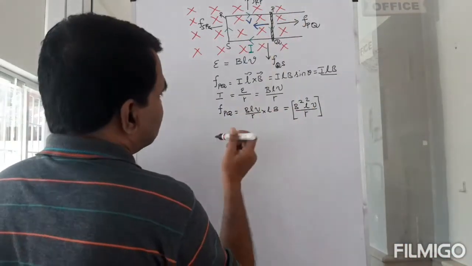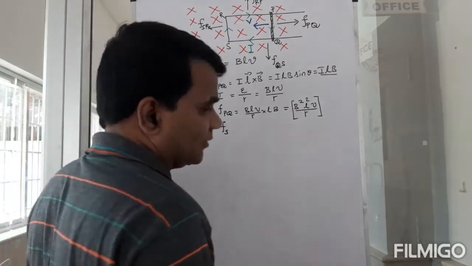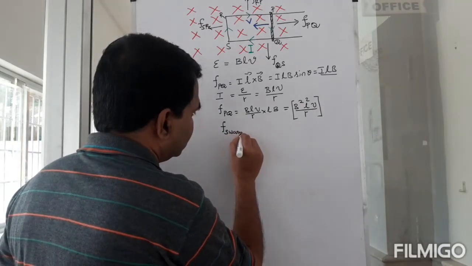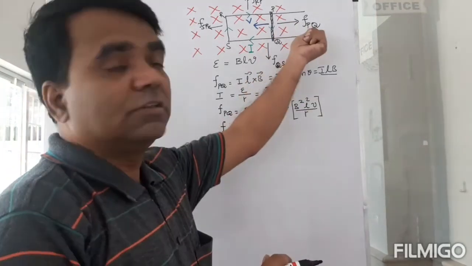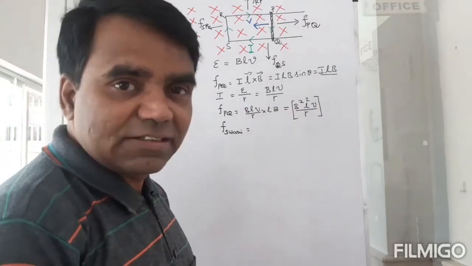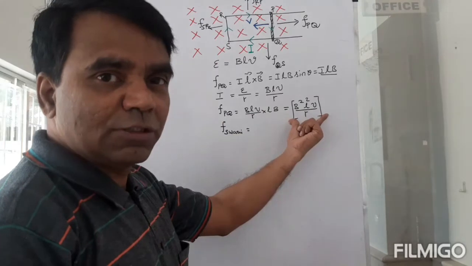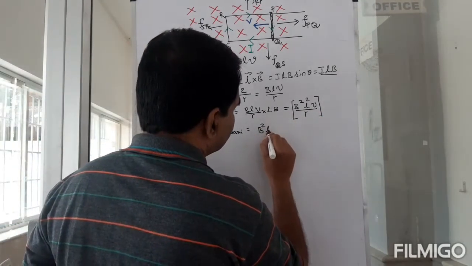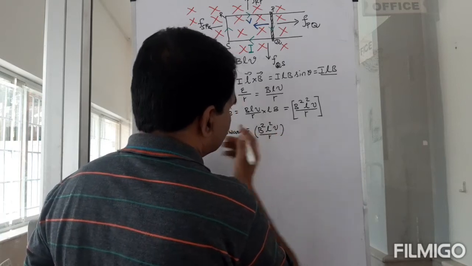I'll say this is my force, F Swaminathan, that is equal and opposite to this force. So I can take this magnitude. That doesn't change because I am providing the same amount of force. So my force would also be equal to this: B squared L squared V by R. That's my force.